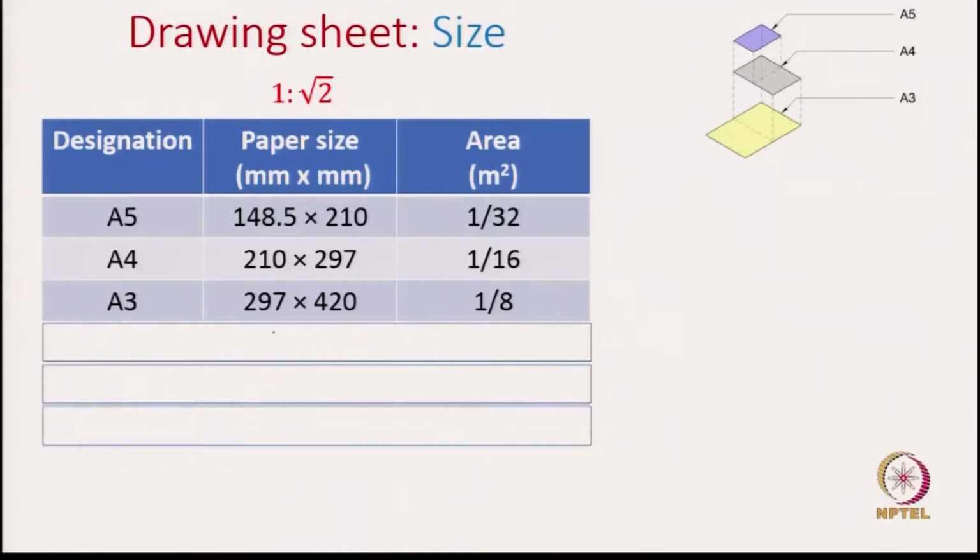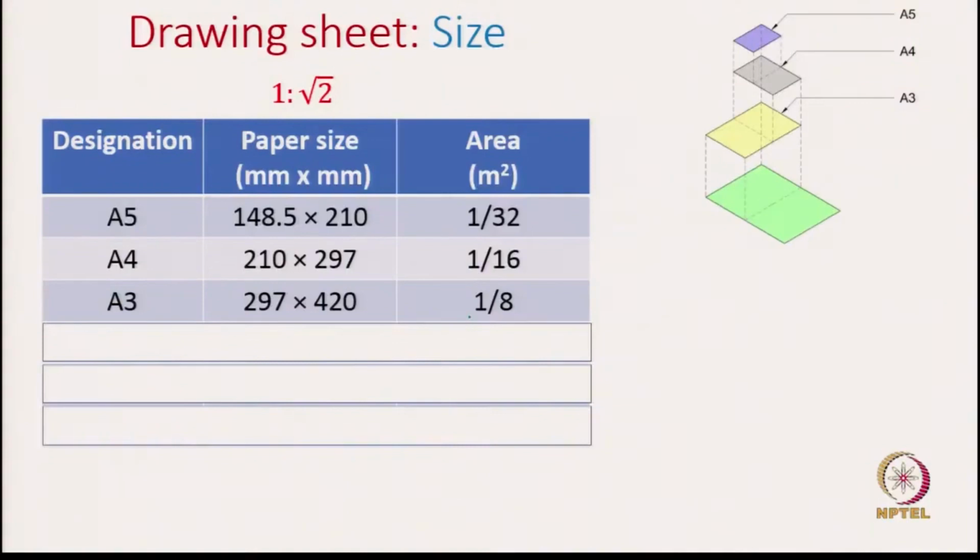You will see that the dimension of 297 is common, and the longer length is now 420, twice the 210 width in A4. As you go to A3 and then A2, A1, at every step the area doubles.